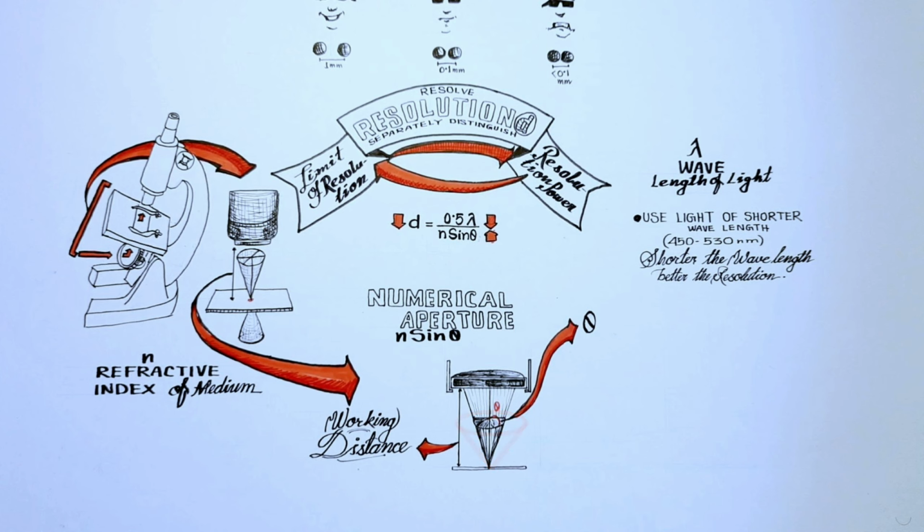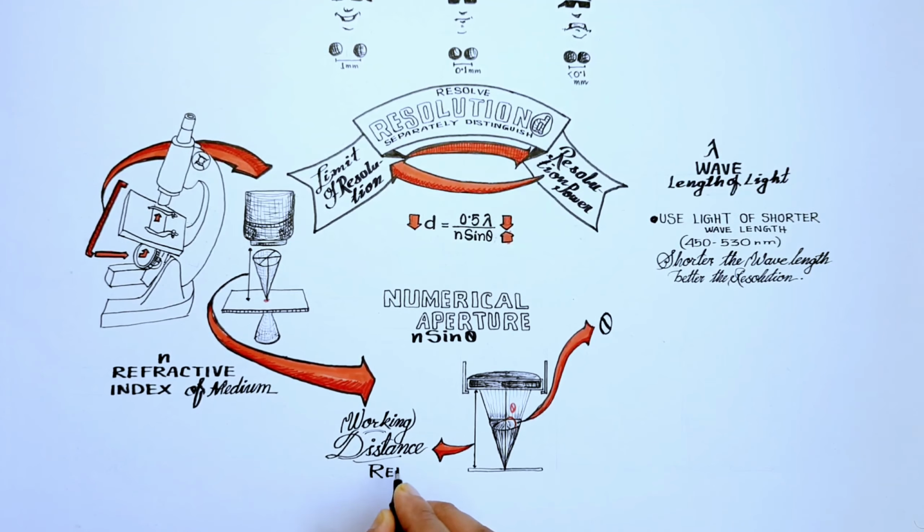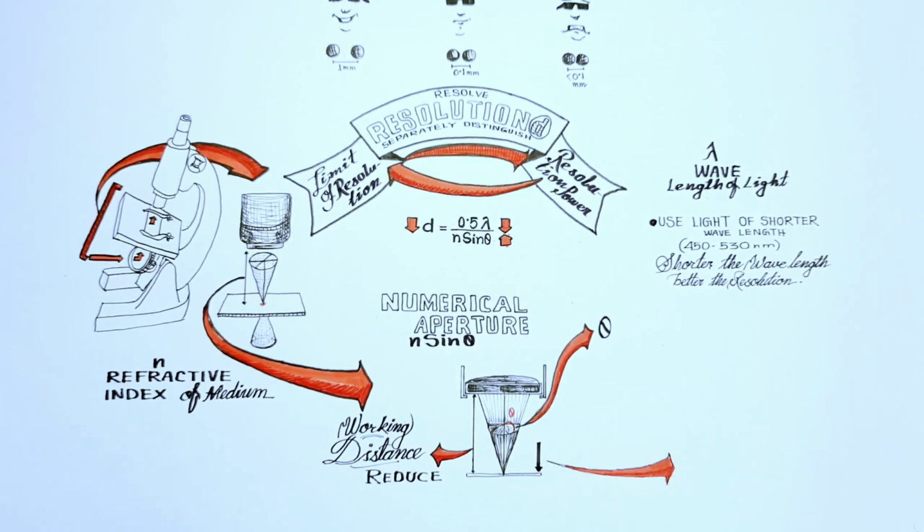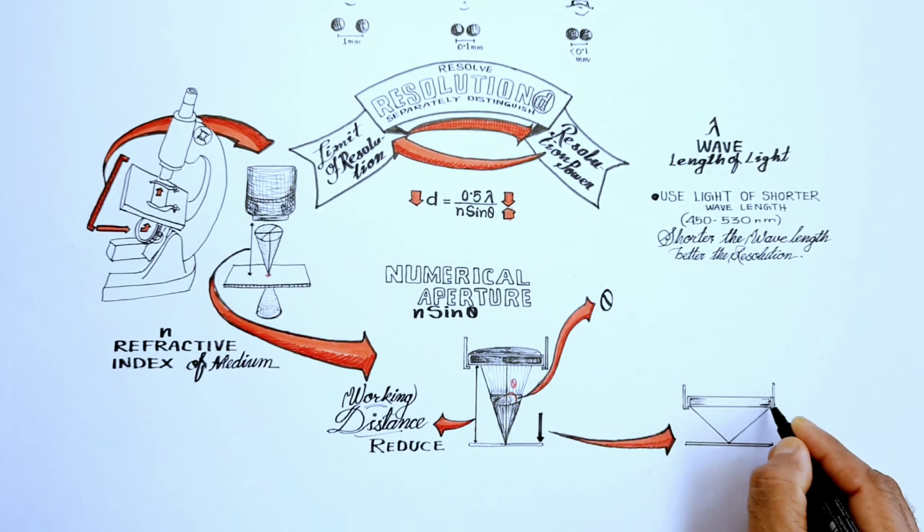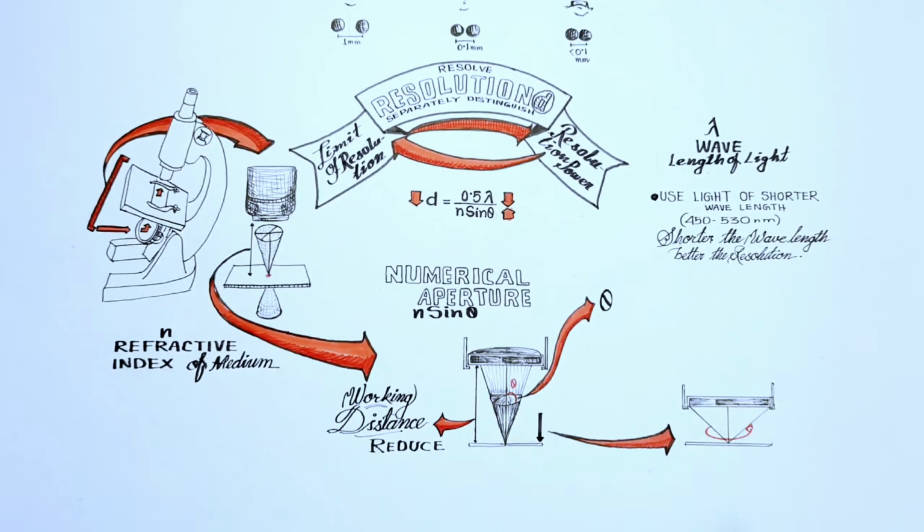To attain this, we need to make a cone of light having a very wide angle. Or to be straight, we have to increase the value of theta. How can we do this? We can do this by simply reducing the working distance. This will result in the formation of a bigger cone of light with more diffraction orders, which can then be collected by the lens to form a highly resolved image.